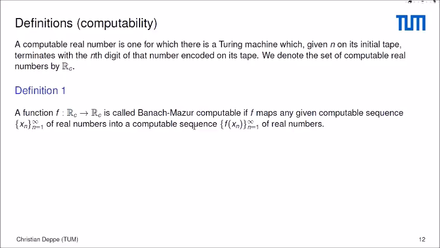We call a function Banach-Mazur computable if f maps any given computable sequence x_n of real numbers into a computable sequence f(x_n) of real numbers.